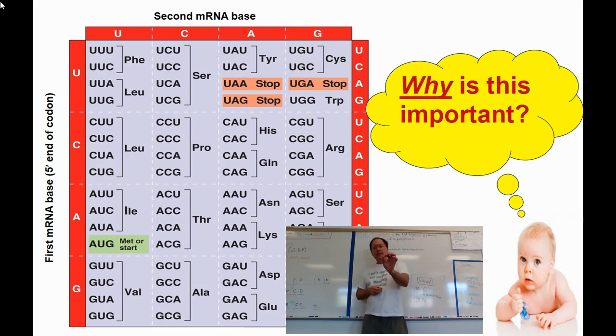And so why this is important is because you can have that mutation in your DNA and you still get the same amino acid placed in a sequence and you still get the same protein made. And you're none the wiser. You have no idea that there was actually a DNA mutation that occurred. And that is why scientists believe we have evolved to have this redundant system, and why it is so complex and beautiful.